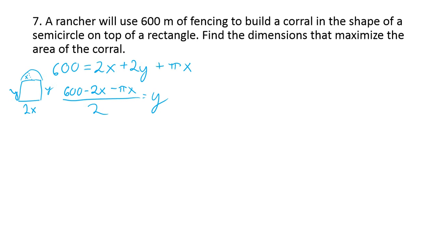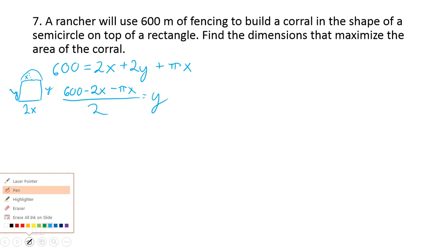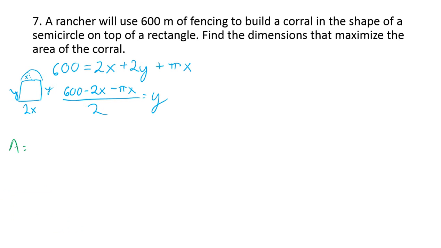Okay. So now with our area formula, the area which we're trying to maximize, we do the area of the rectangle, which would be 2xy, added to the area of the semicircle, which would be pi r squared all over 2. And r is x in this case. And now we're going to take this y and plug it in here.